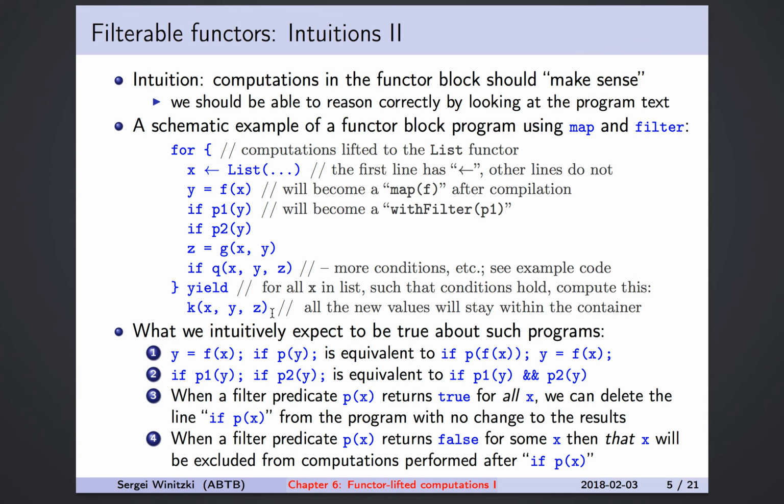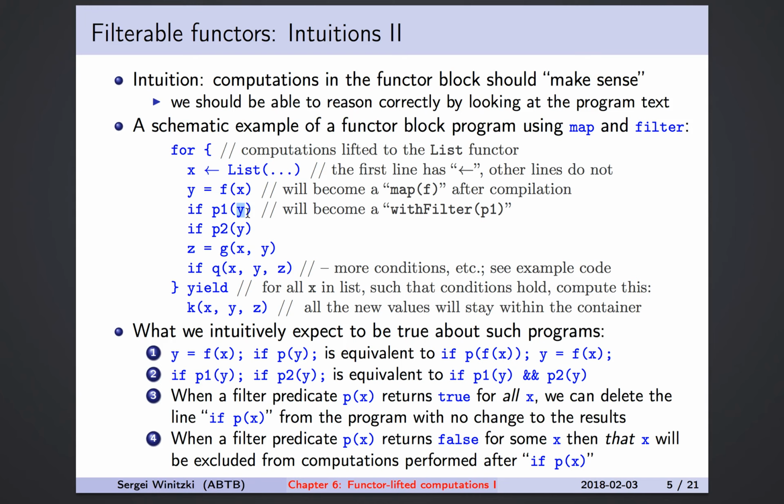So what do we expect to be true, intuitively true, about such programs? Well, one thing, for example: here we have a condition depending on y. But y is defined as f of x. So if we put this f of x here instead of y, we should be computing the same thing.